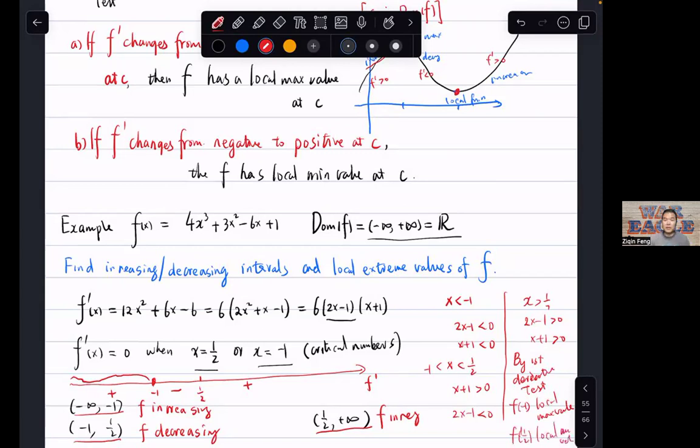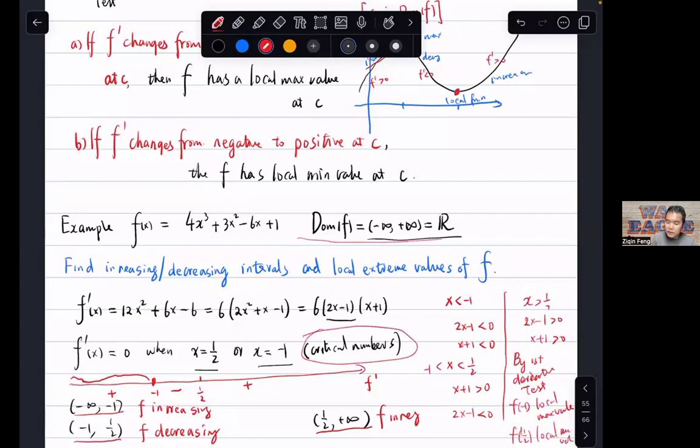So that's how we decide the increasing, decreasing intervals and also local extreme values of a function using the first derivative, right? You differentiate the function and get critical numbers, always starting by identifying critical numbers.